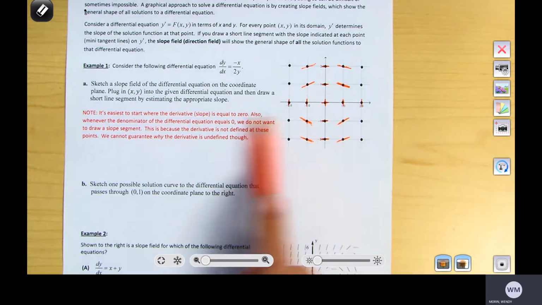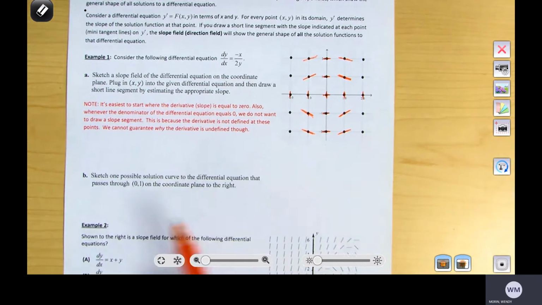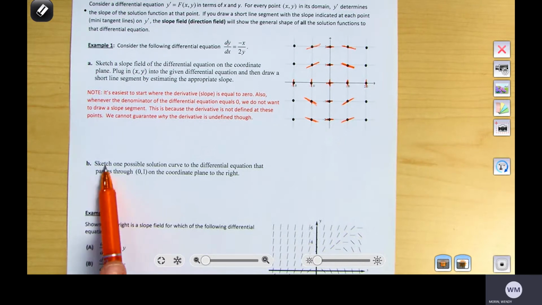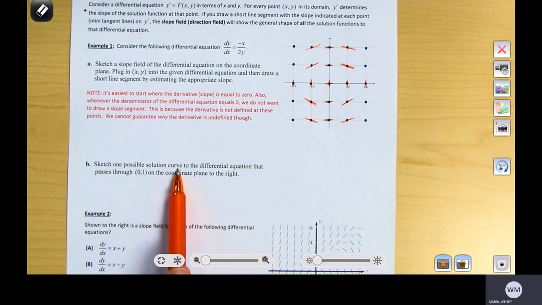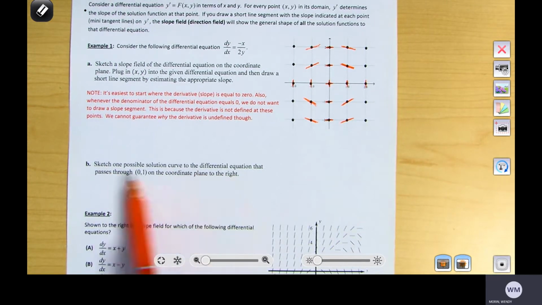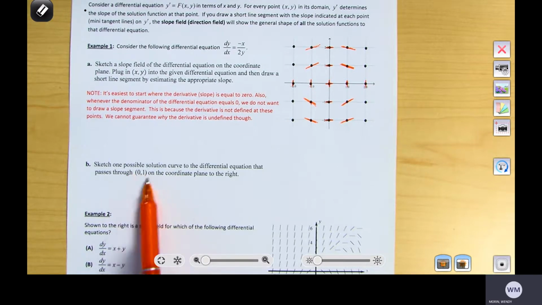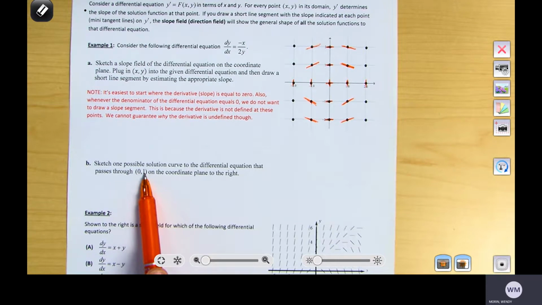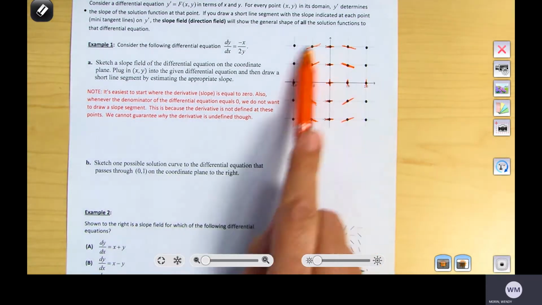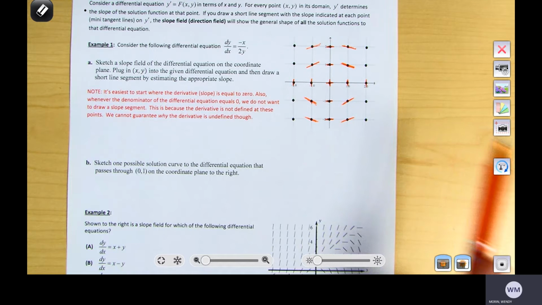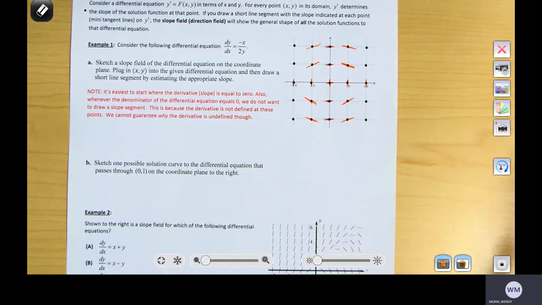So that's part A. Part B says sketch one possible solution curve to the differential equation that passes through the point 0, 1. So it's giving us a point on the actual graph, and these are possible tangent lines to that graph.